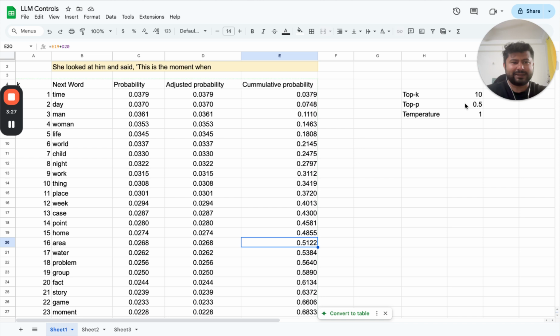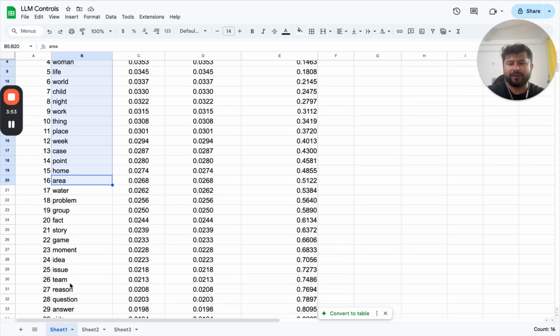In this example the top P value is 0.5, which means it's only going to consider words whose sum of probability is less than or equal to 0.5. So it cuts off till here. It can pick any word from this list, and it's not going to consider any word below this.